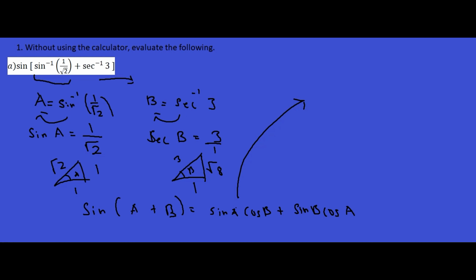So I continue it here. Sine A, we look at the sine A angle. Sine A is opposite over hypotenuse, which is 1 over sec 2. Now cos B, cosine B is adjacent over hypotenuse, which is 1 over 3. Plus sine B, opposite over hypotenuse.